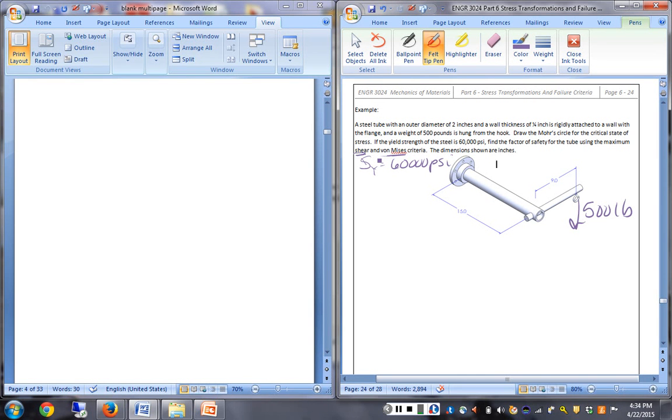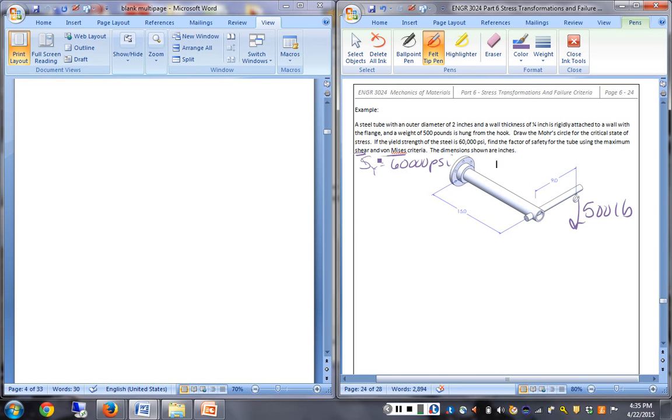Where is going to be that piece of material that we expect to be the problem piece? Where is our maximum critical stress state? It's cantilever, so it's going to be back here at the connection point. And with the way this is loaded, do we know if it's top or bottom or side?